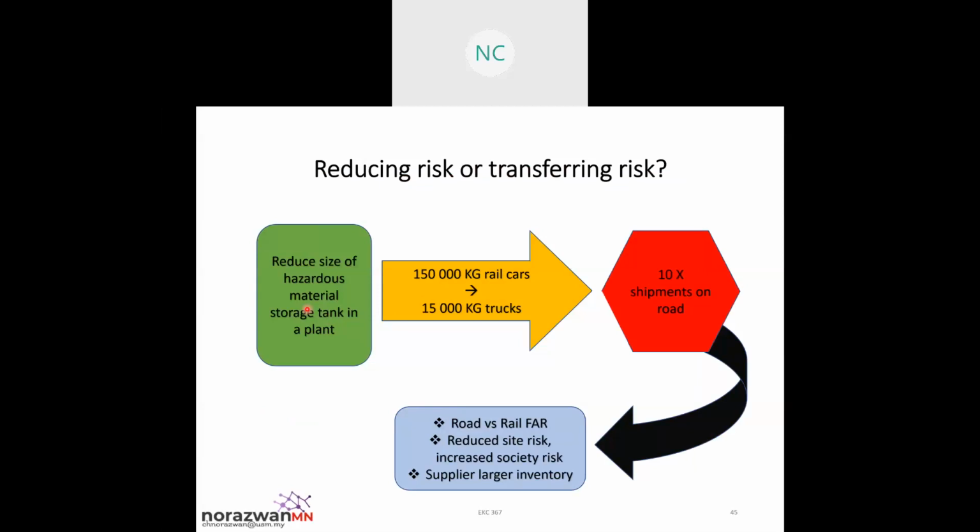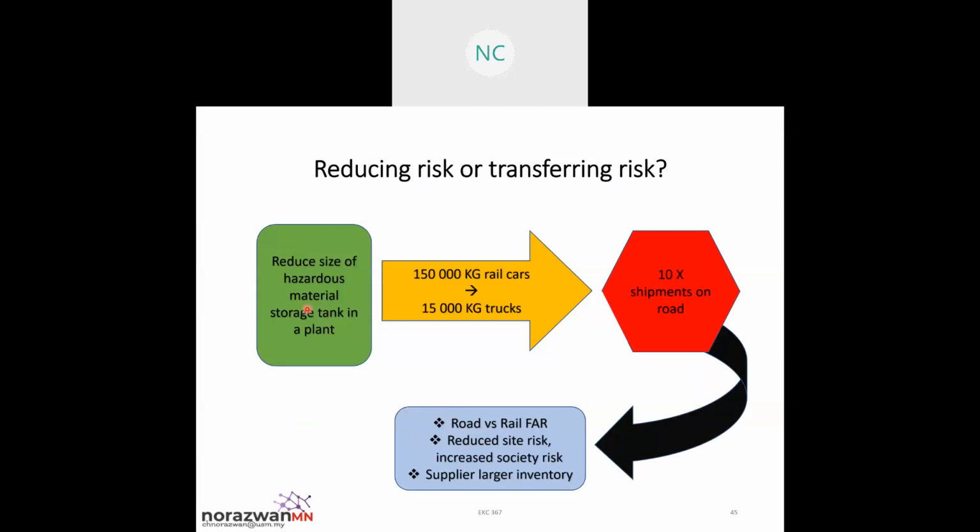So you will only be transporting around 15,000 kilograms of material for one truck. So you have already reduced the quantity when you are transferring this hazardous material. Instead of 150,000, you're only transporting just 15,000 of material.